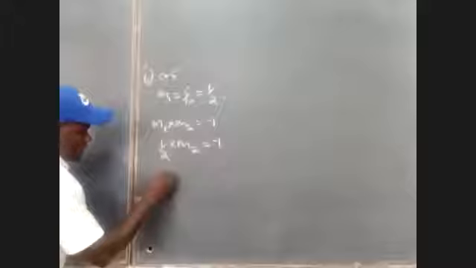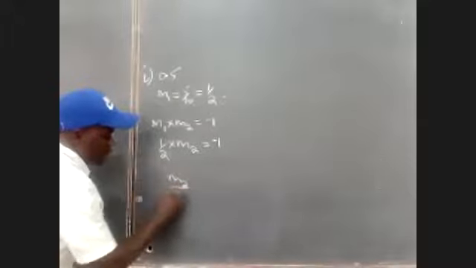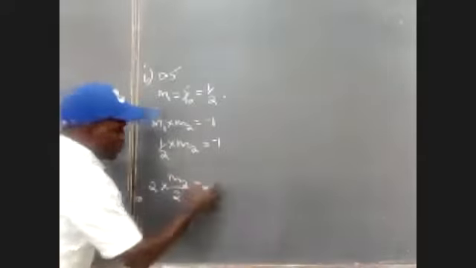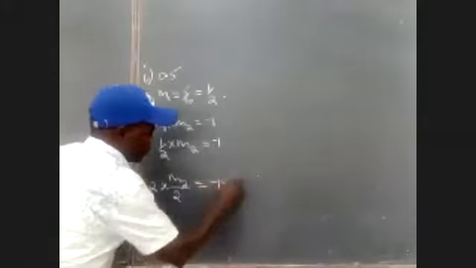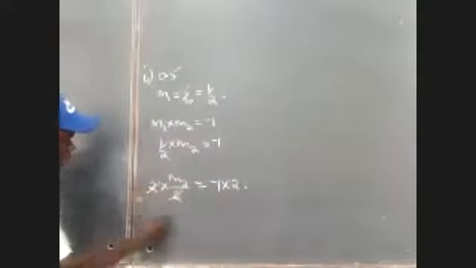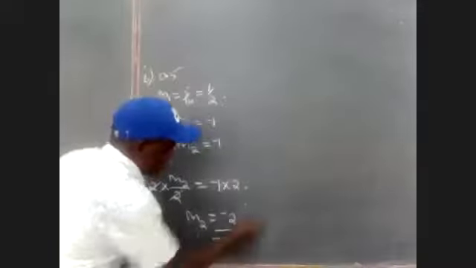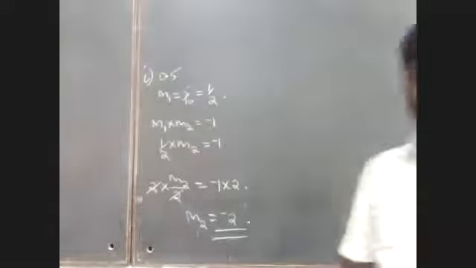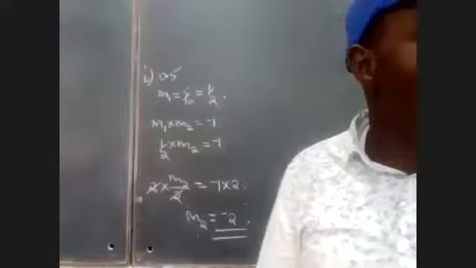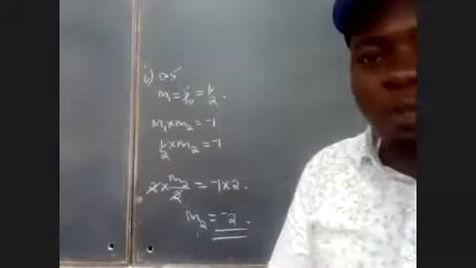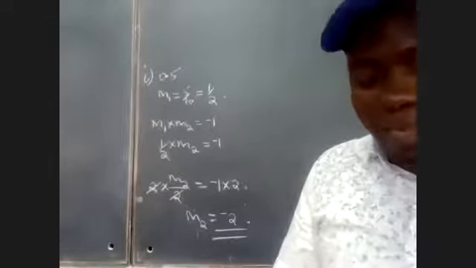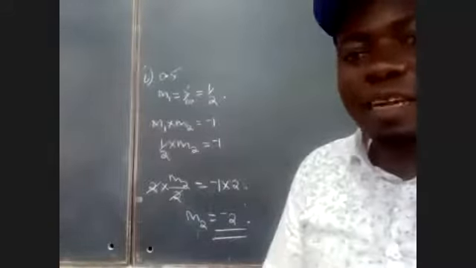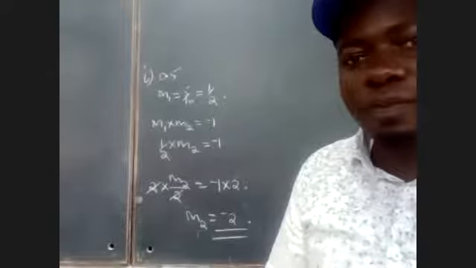So this is M2 out of 2 times 2, then M2 equals -2. M2 is -2. Thank you, Tino. That's very good. I hope now everyone is comfortable with getting the second gradient given the first gradient.